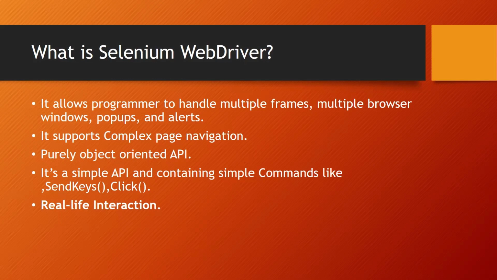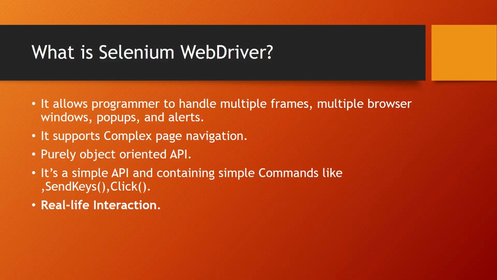It supports complex page navigation also, so we can navigate from one page to another page with Selenium commands and parameters like the link of the page we want to navigate to. We can manage that through Selenium WebDriver. The next point is that it is a purely object-oriented API.